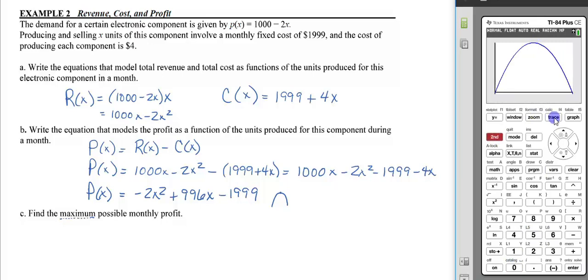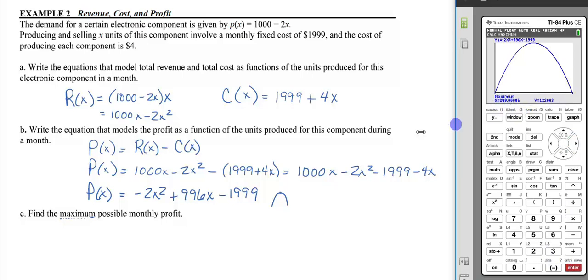So we can second trace to go to the calculate menu and find the maximum. Left bound, we hit enter. The right bound, move over to the right of the vertex and hit enter, and then hit enter one more time.